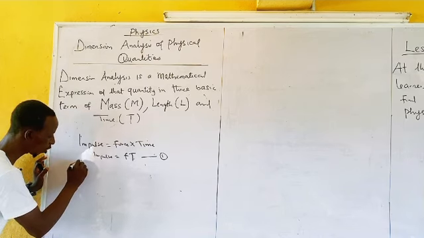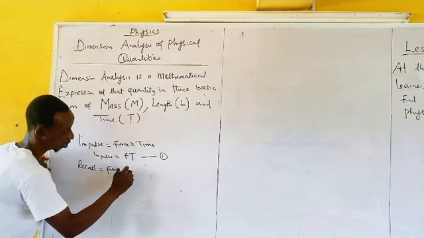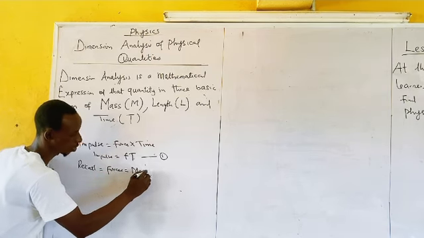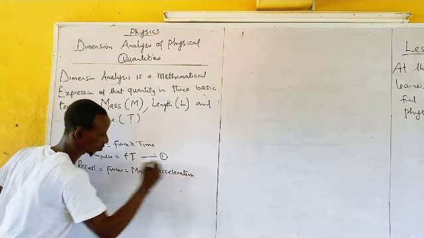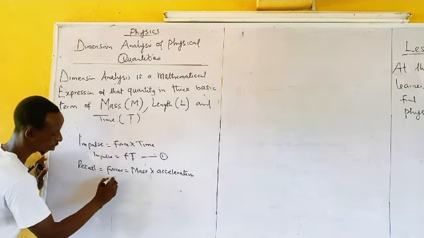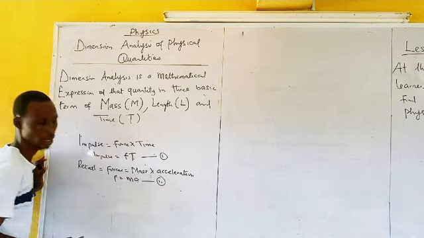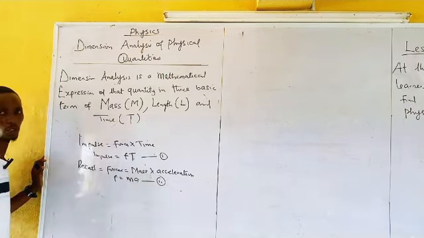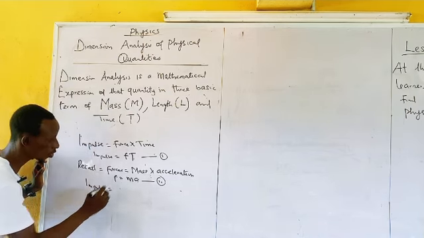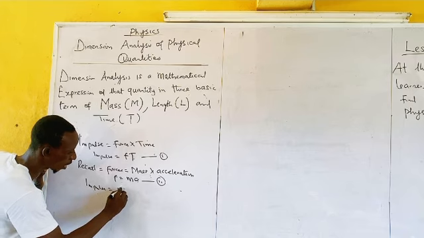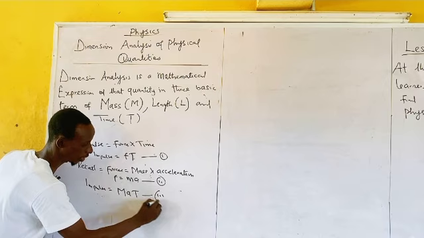And we all know, if you recall, that force is mass times acceleration. Now, from this, force is equal to ma. Let's say equation 2. Let's put this equation 2 into equation 1, which is impulse is equal to mat.